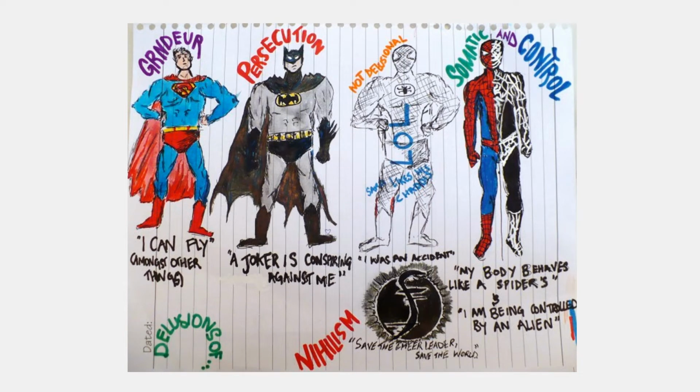So this slide just gives you a little bit of a visual of those delusions. If you look at grandeur or our grandiose delusion, right? One is powerful, is very important. So remember Superman, I can fly, he's all powerful. Persecution or persecutory is one that feels like they're being singled out for harm or from making any progress by others.